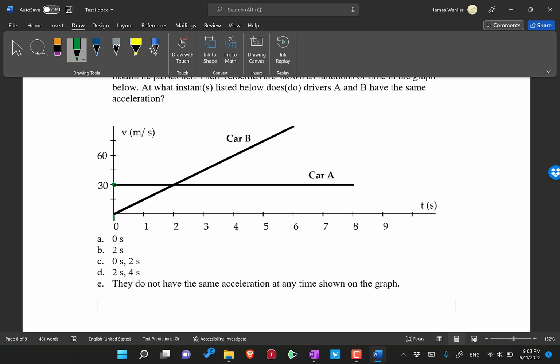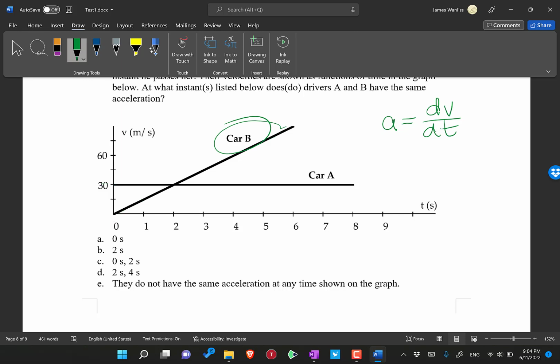Why? Because remember, acceleration is the derivative of the velocity with respect to time. It's the slope, and the slope for driver A is 0. Driver B has a non-zero slope.